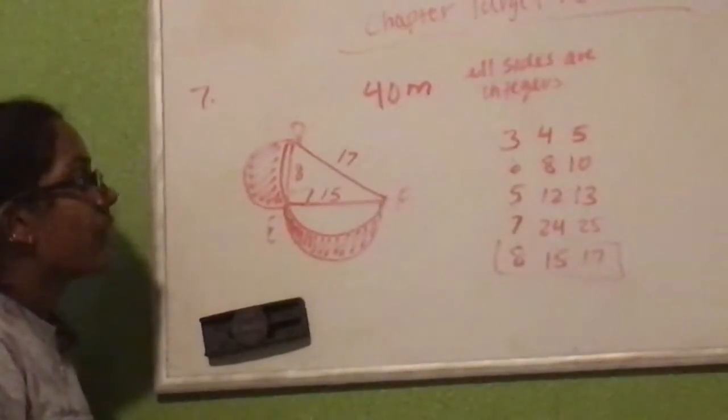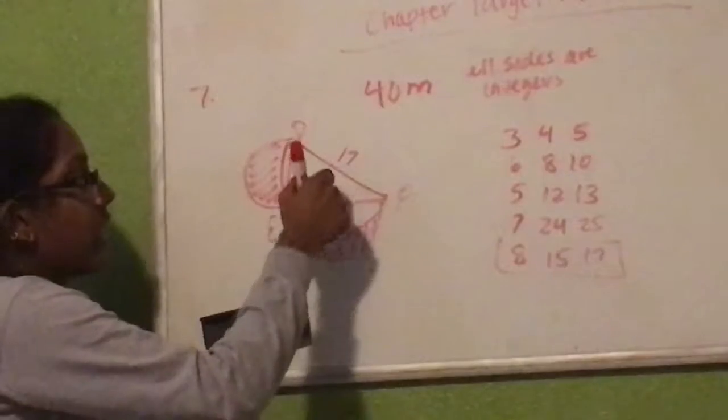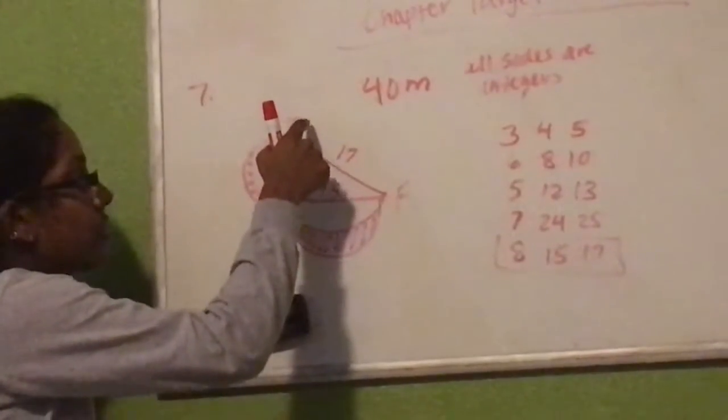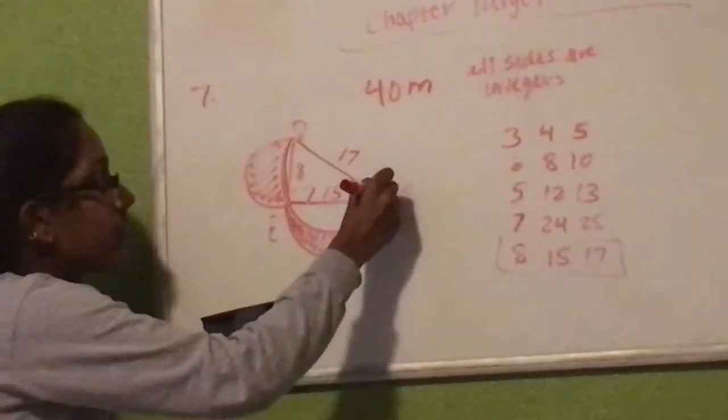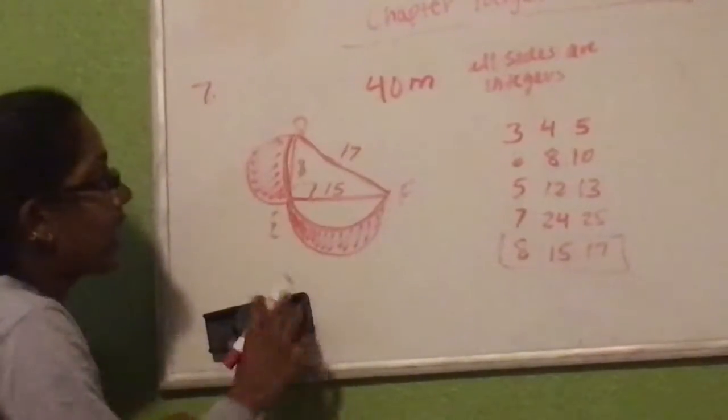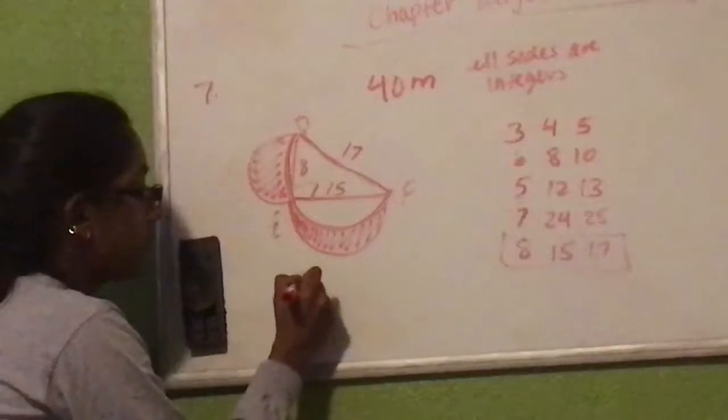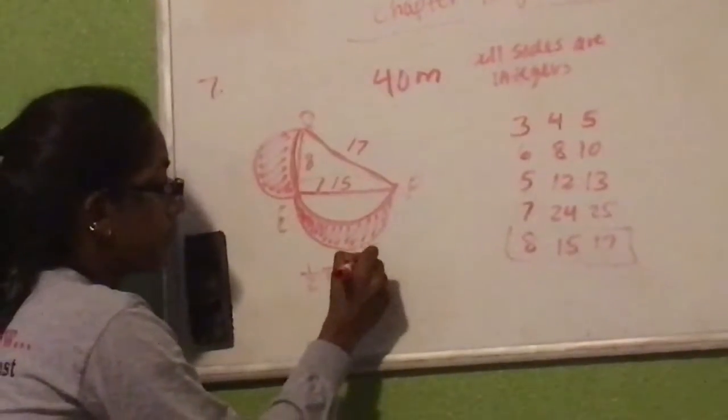Knowing this, we are going to now find the area of the largest semicircle right here. So the area of that would equal 1/2 pi r squared.